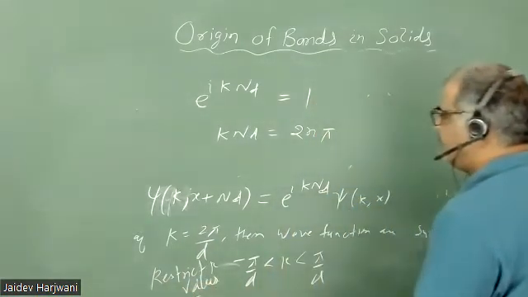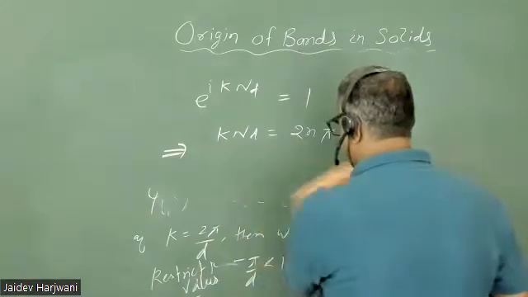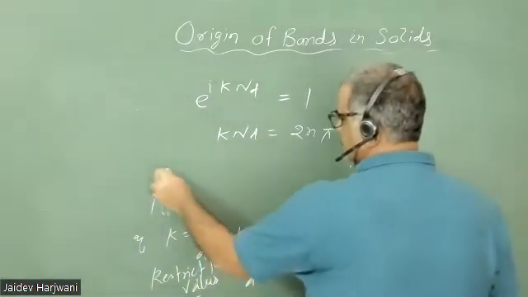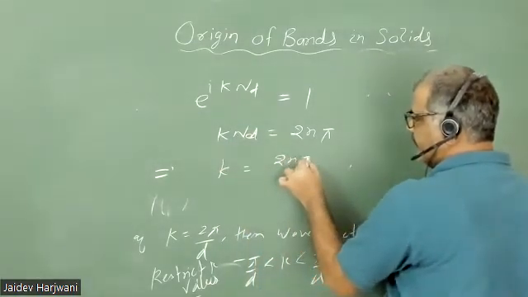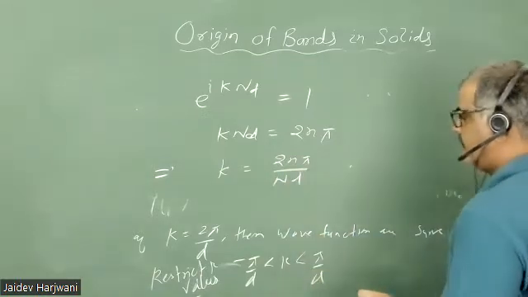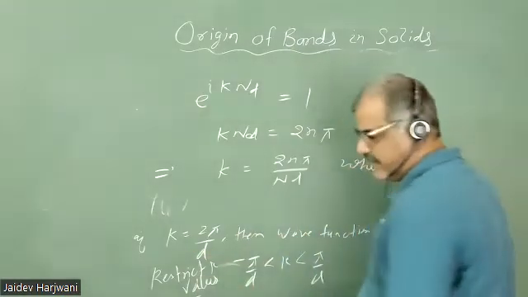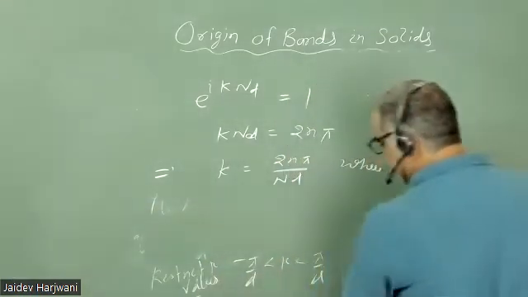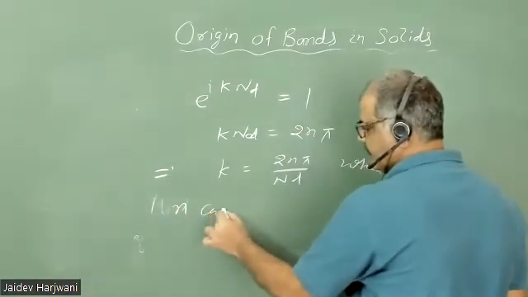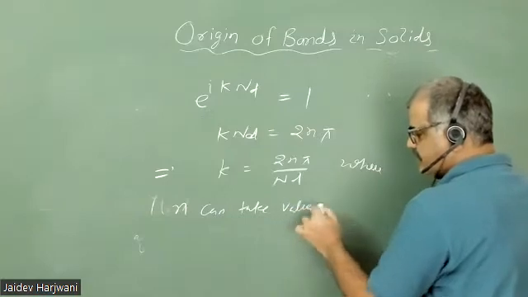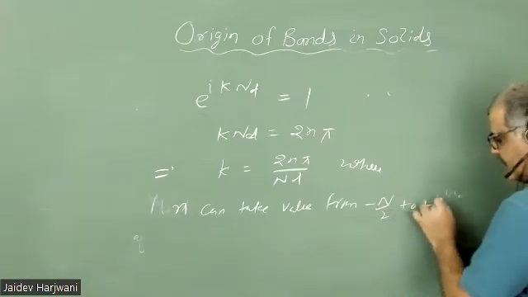Now if I solve this, it gives me k equals 2 n pi over nd, where n, because I have a chain of N atoms, can take values from minus N by 2 to plus N by 2.